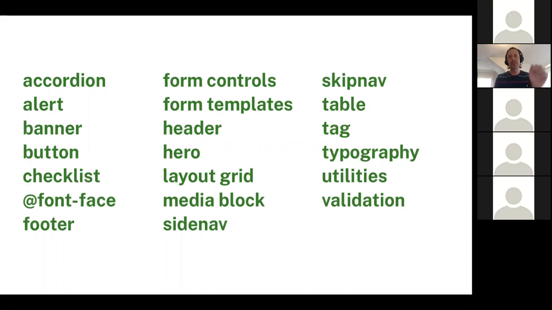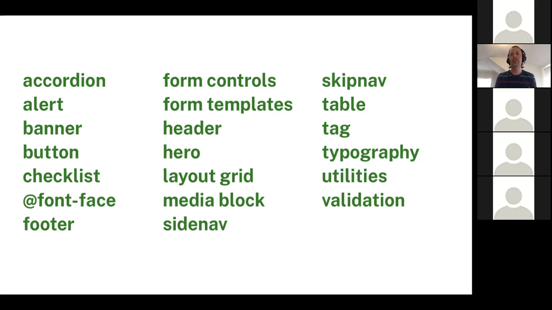It's all of these components, accordions and alerts and headers and heroes, all the typography styles and font face stuff, utilities. All that stuff is pulled into the big USWDS package.